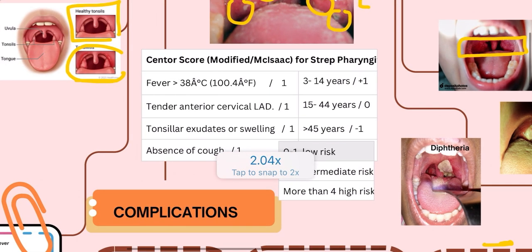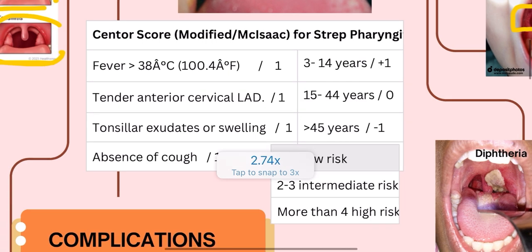In these criteria, we have four main items, in addition to points added in the modified version. If the patient has fever of 38 degrees or more, we give 1. Tender anterior cervical lymphadenopathy, we give 1. Tonsillar exudate or swelling, also 1. Absence of cough, we give 1.